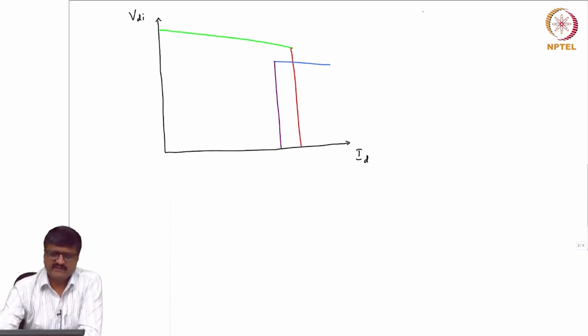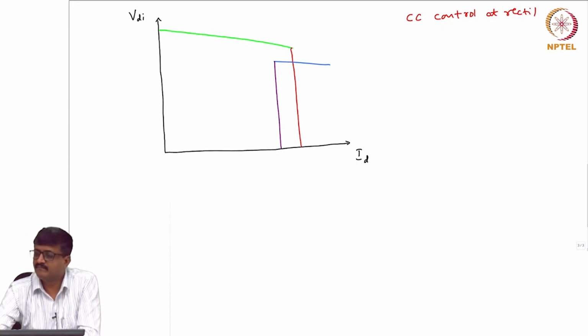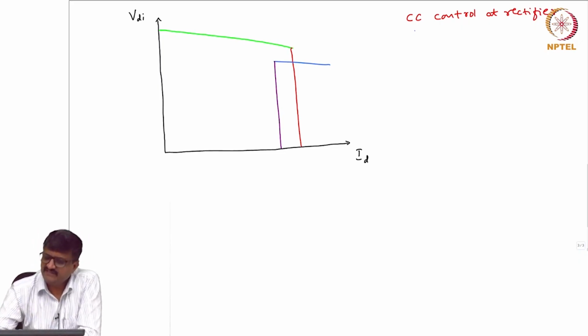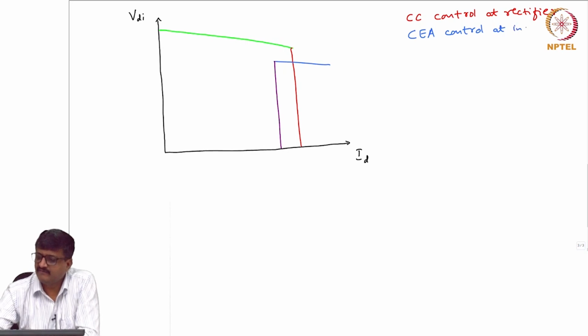So please note the red one is CC control at the rectifier. Then the blue one is actually CEA control at the inverter.